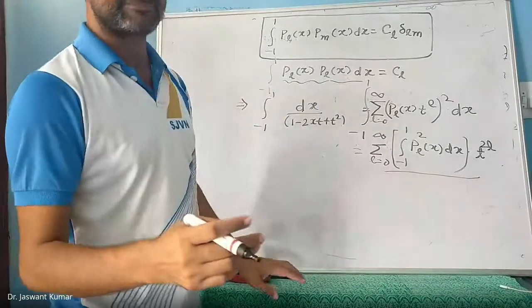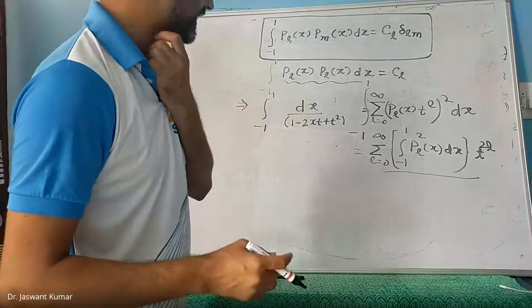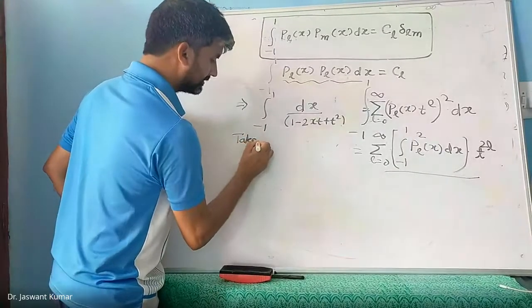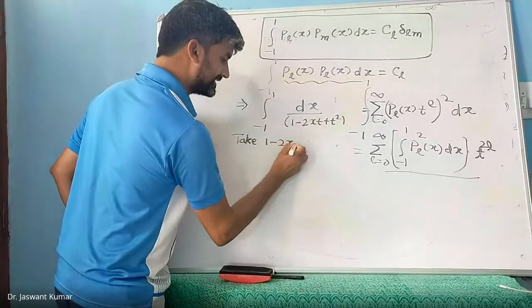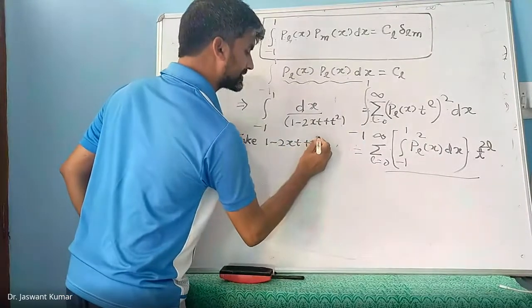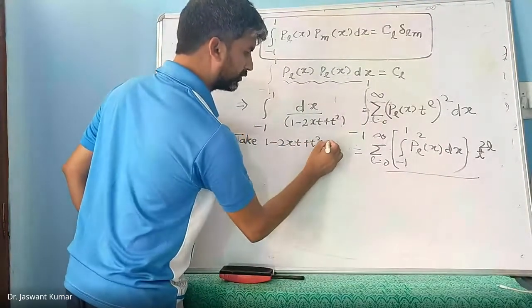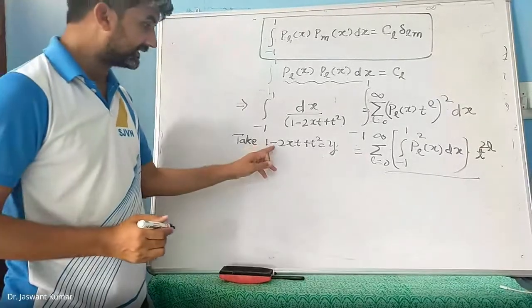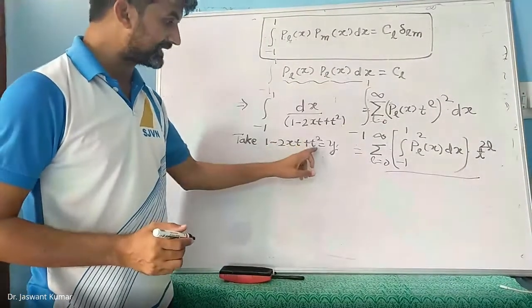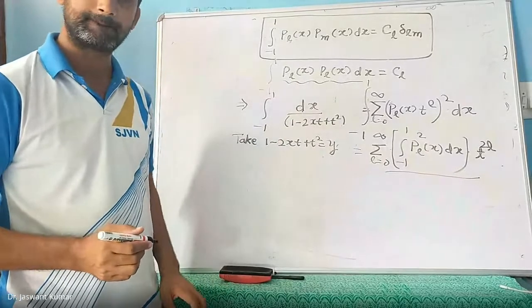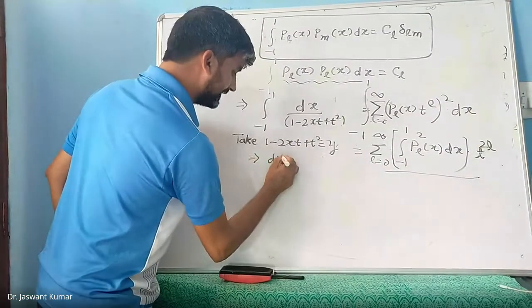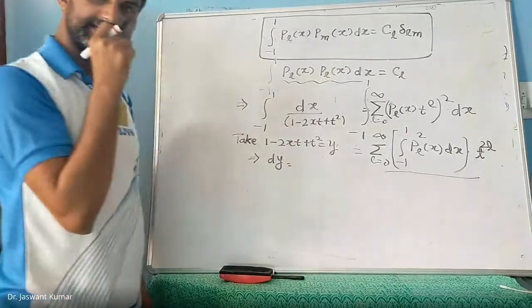The simplest way, which you have learned in high school, is to take 1 minus 2xt plus t square equal to some y. So then this implies dy. What will be dy? We need to change it in terms of x.